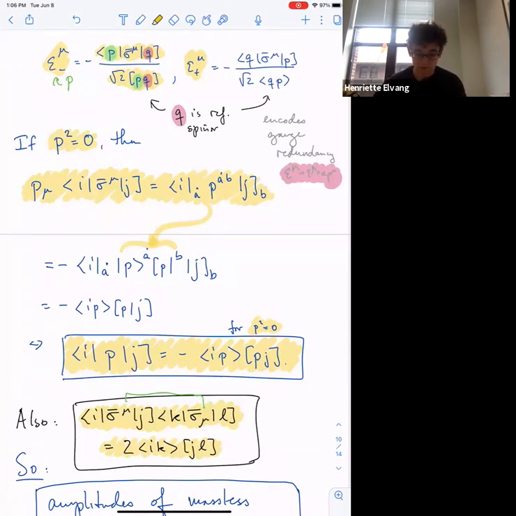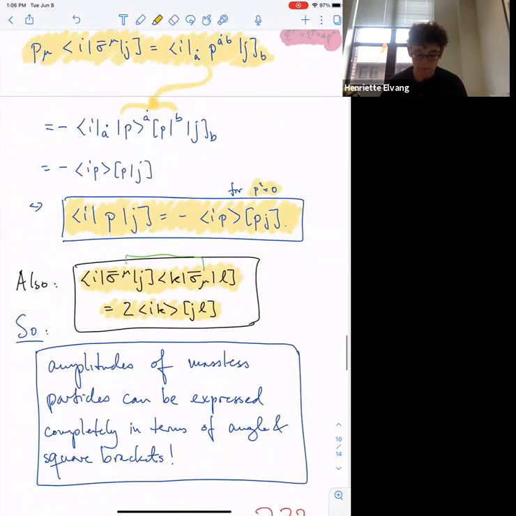I show them to you to be able to make the following conclusion. Namely, that amplitudes of massless particles can be expressed completely in terms of angle and square brackets. So everything that we could have, polarization contractions, external wave functions, everything translates into just having two sets of variables, the angle brackets and the square brackets. That's it.